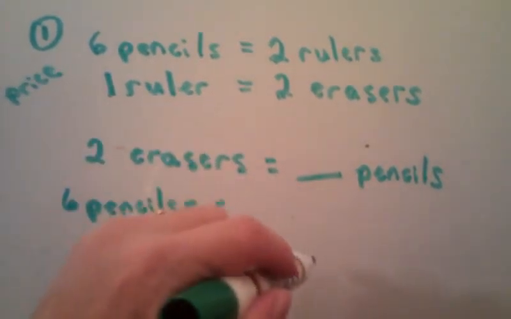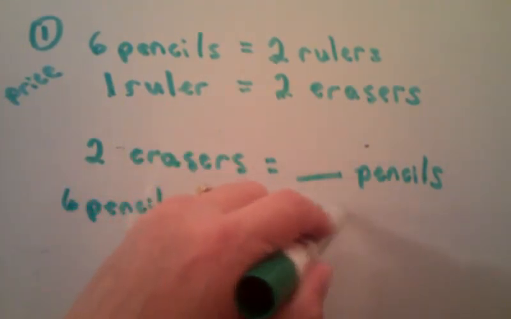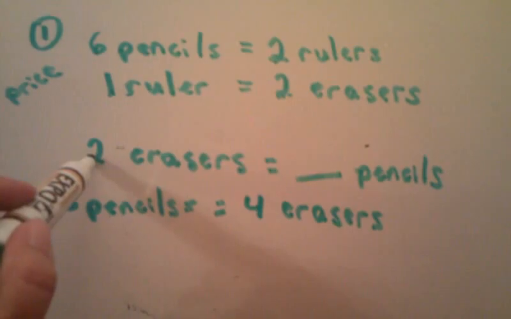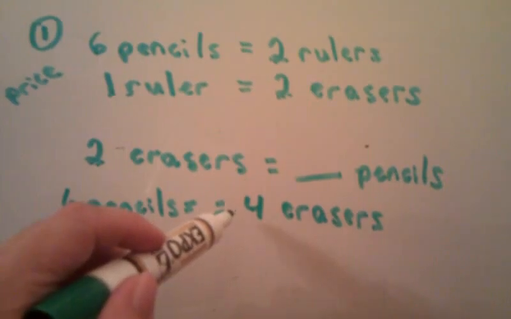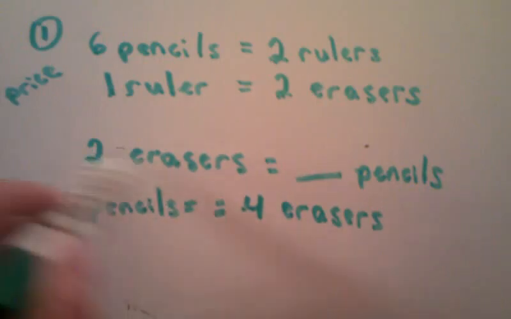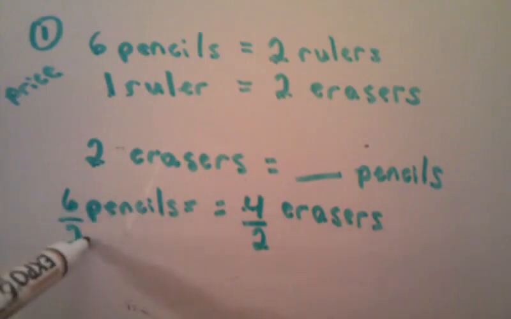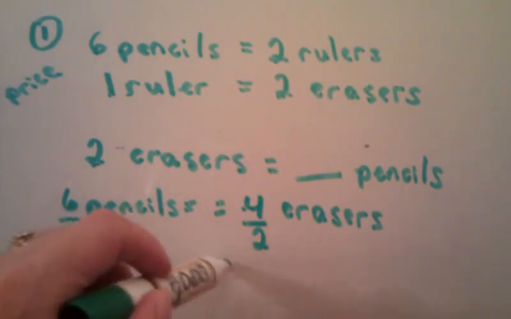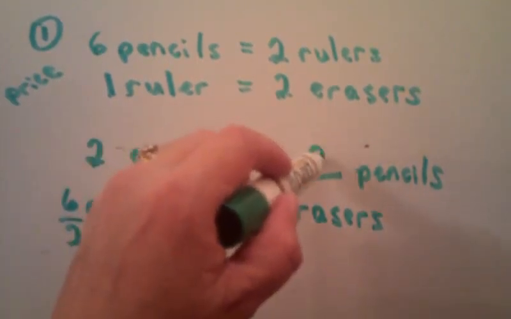So 6 pencils equals 4 erasers, right? But this says 2 erasers. So how do I get from 4 erasers to 2 erasers? To get from 4 to 2, I have to divide. 4 divided by 2 is 2. So if I divide this by 2, I have to divide this by 2. So 6 divided by 2 is 3. 4 divided by 2 is 2. Okay? So 2 erasers equals 3 pencils.